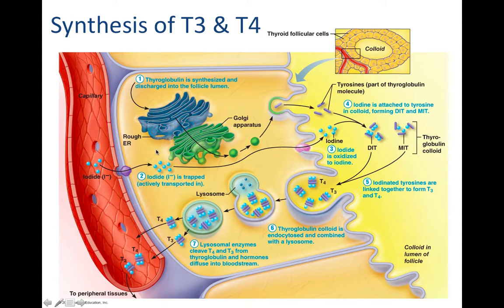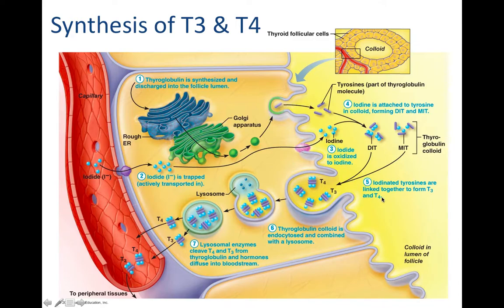And these are responsible for creating protein in the rough ER. So you can see thyroglobulin is a protein that's synthesized. And then it's packaged up and sent out thanks to the Golgi apparatus. So you see these vesicles from the Golgi apparatus are sending that thyroglobulin, which is a protein, out into the middle of this follicle, into the colloid.